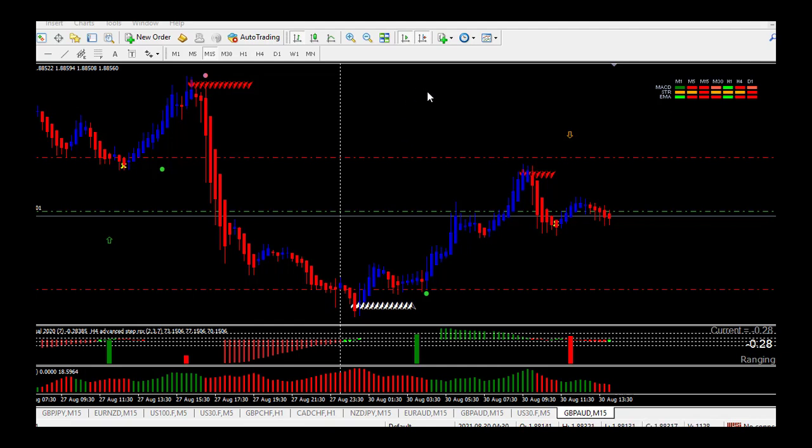I want to show you how you can use another winning strategy to trade on the MT4. This is a simple way to use these indicators. These are just combinations of indicators that I found online and is profitable. I'm testing it and so far so good.